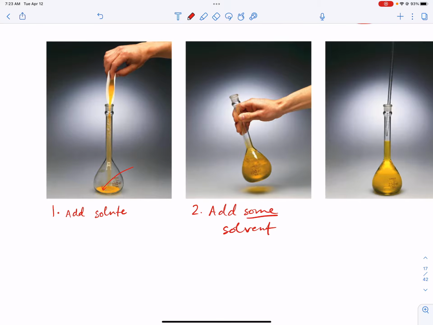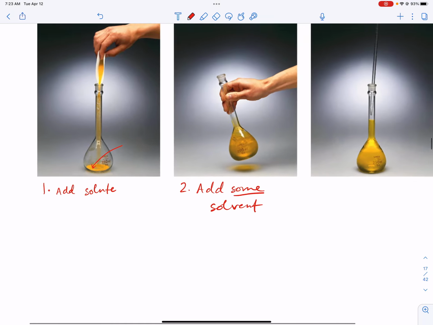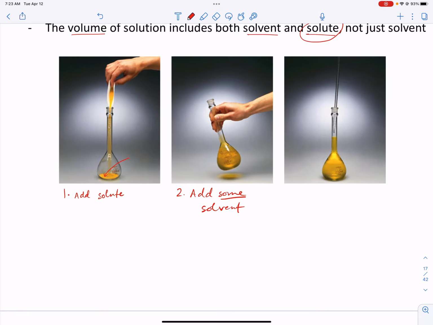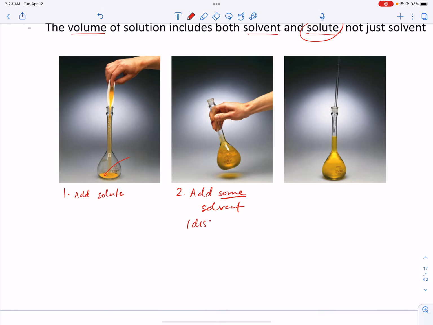Our volume would be too large, because we would have the volume of the undissolved solute plus the volume of the solvent. So you add some of your solvent, and then you mix it to dissolve the solute. That way the volume is adjusted.